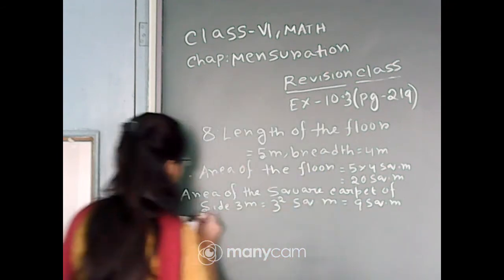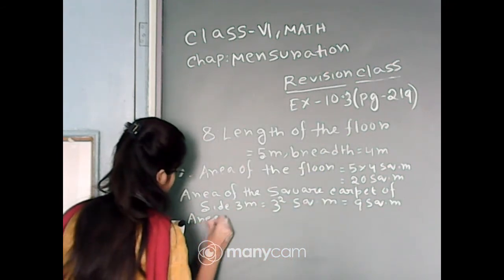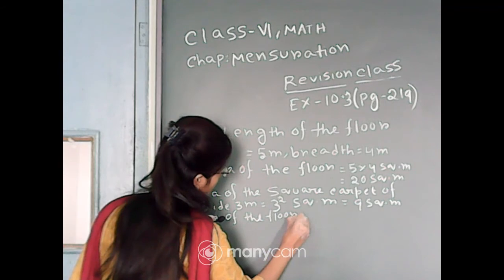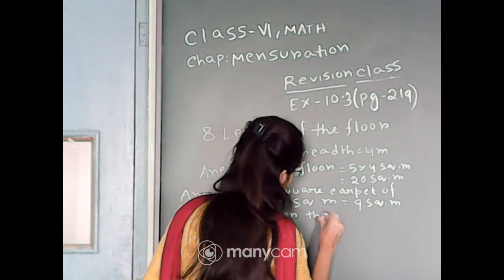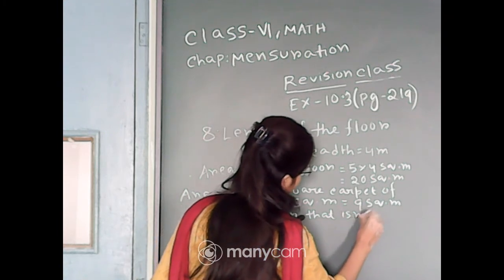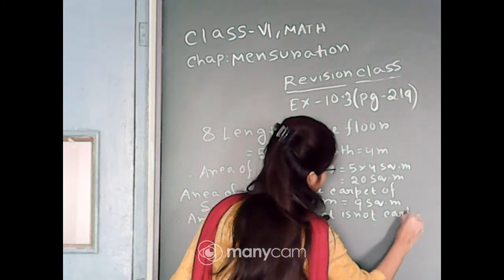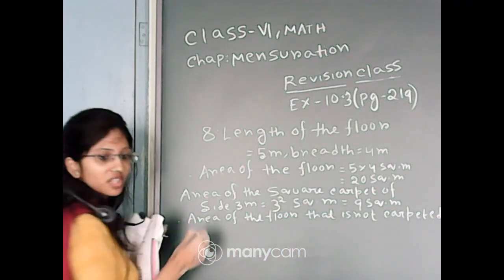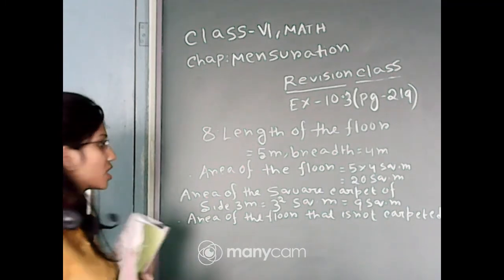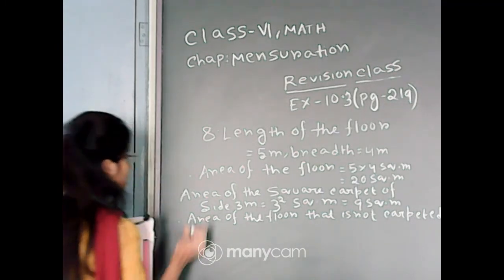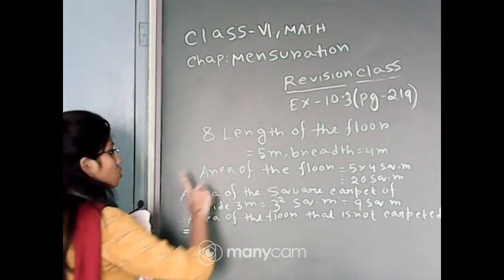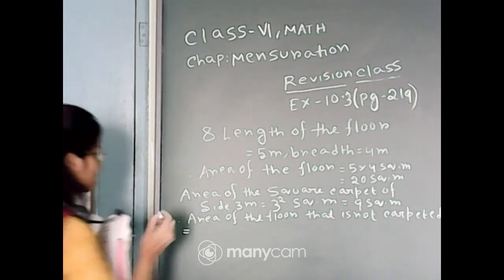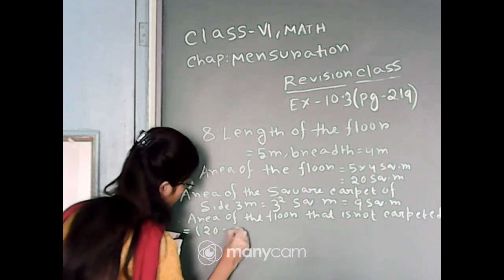Therefore, area of the floor that is not carpeted is equal to total area of the floor, that is 20 square meter, minus carpeted area of the floor, that is 20 minus 9 square meter.